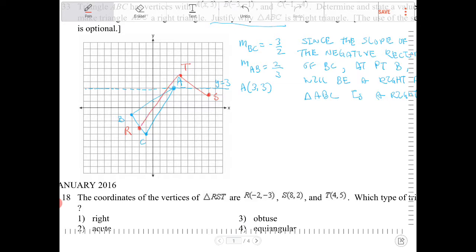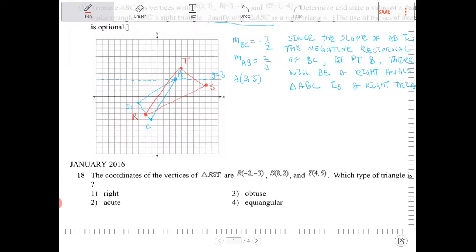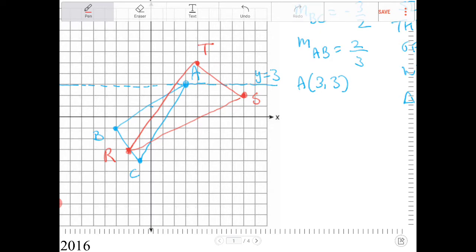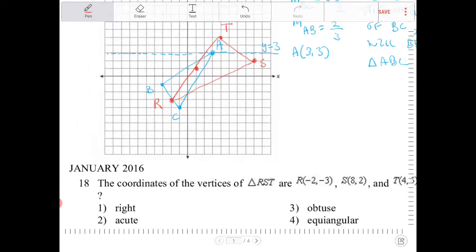And it looks like this. Okay, so RST, just based on this, RS has a slope of negative 3/4, whereas RT looks like it has a slope of positive 4/3, and angle T then looks like it's going to be a right angle.